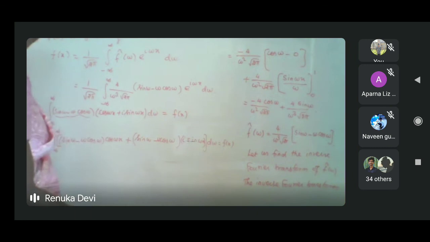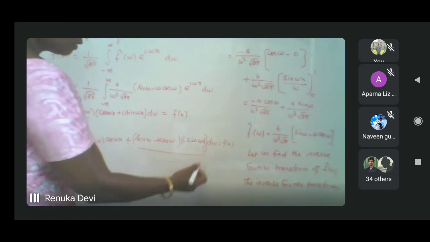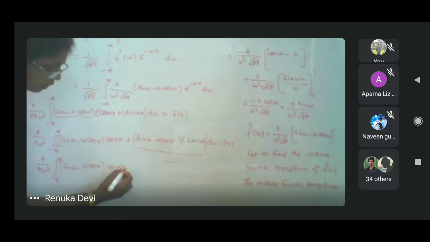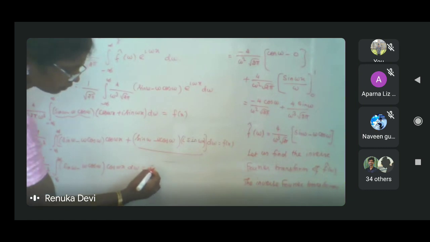Therefore, again it is an odd function. Therefore, this term will be 0 for the limit minus infinity to plus infinity. Therefore, we are left with only this term alone: 2 by pi W cube, integral minus infinity to infinity, (sin W minus W cos W) into cos Wx dW, equal to f of x.